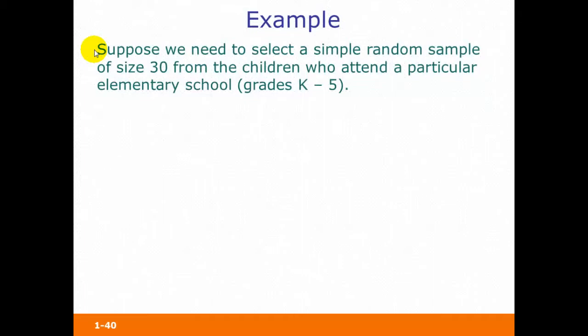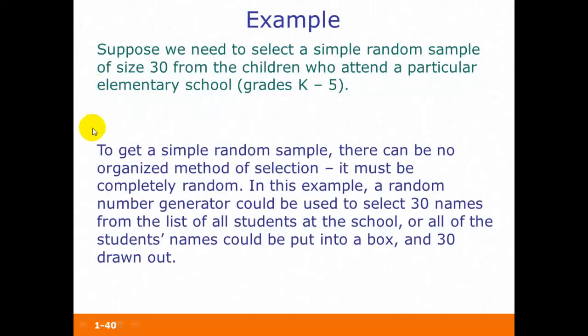Here's an example. Suppose we need to select a simple random sample of size 30 from the children who attend a particular elementary school, which has grades K through 5. To get a simple random sample, basically there can't be any organized method of selection.